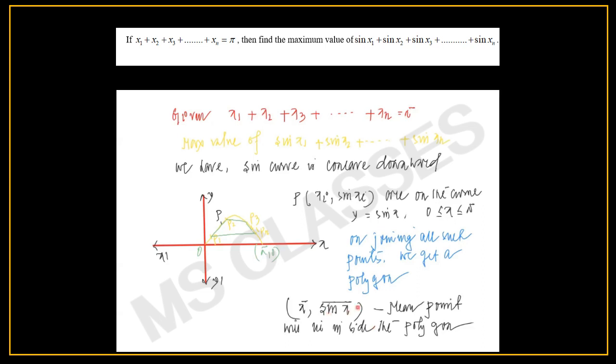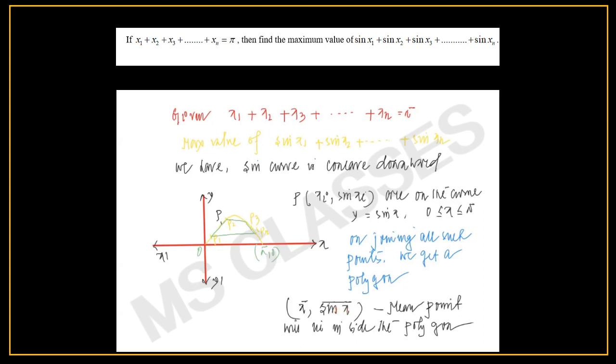Because the mean point means we add x1 plus x2 plus x3 up to xn, divided by n. And the bar of sine x means sine x1 plus sine x2 plus sine x3 plus sine xn, divided by n.